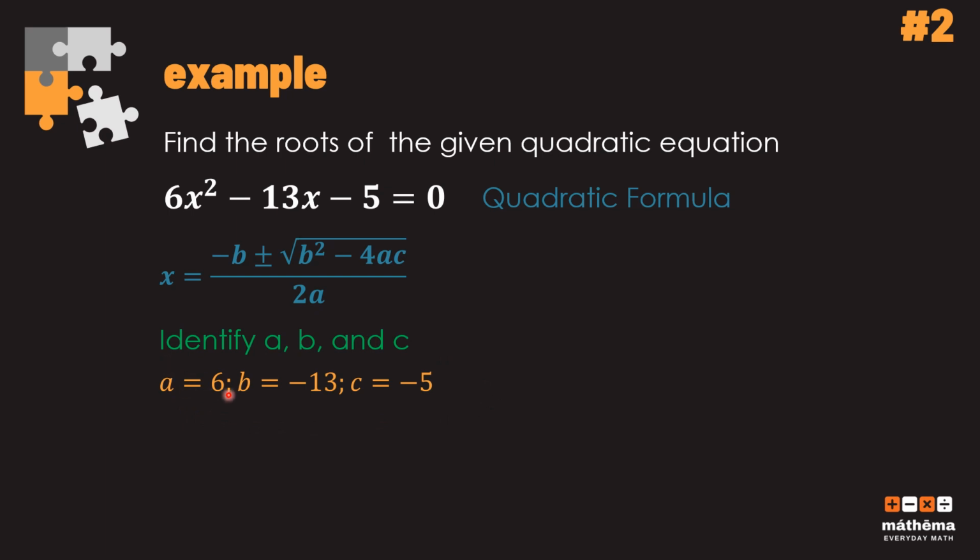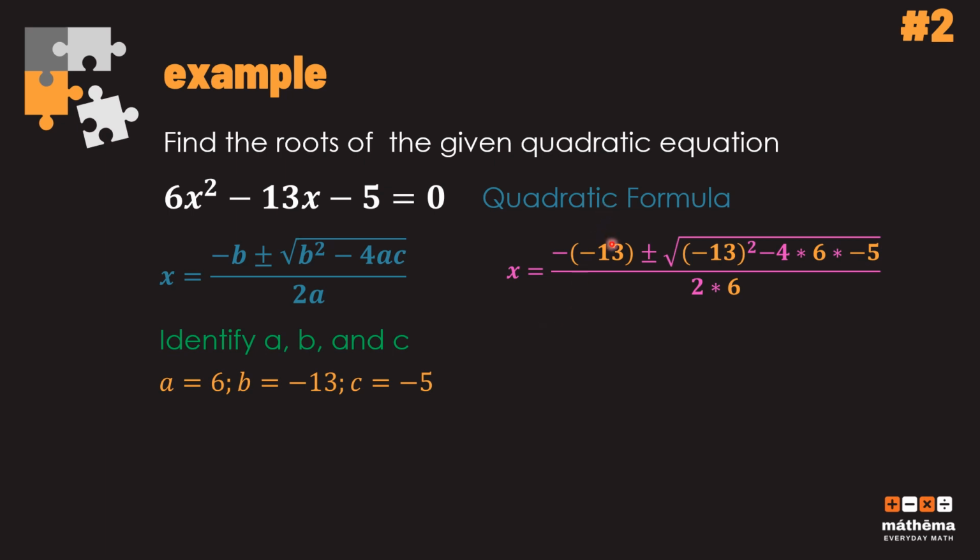After identifying our a, b, and c, we will now proceed to substitution. A is 6, b is negative 13, so we have negative of negative 13 plus or minus the square root of negative 13 squared minus 4 times a, which is 6, times c, which is negative 5, over 2a, or 2 times 6.